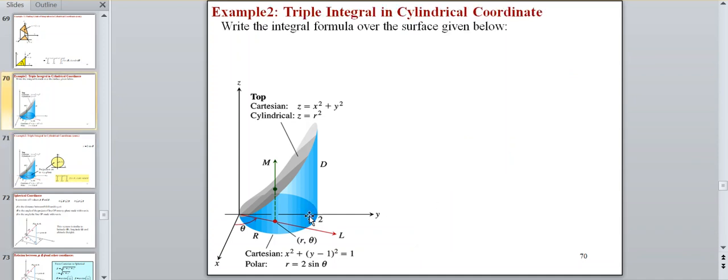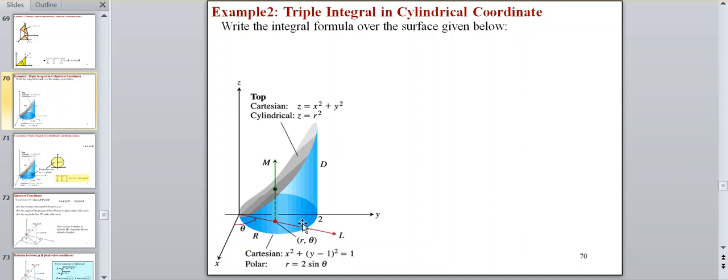Region D is this. Okay, look here. We have a cylinder here with this equation: x squared plus (y minus 1) squared equals 1. Why do I say cylinder? Because we are considering all these equations in three-dimensional space. Of course, x squared plus (y minus 1) squared equals 1 in two-dimensional space is a circle.